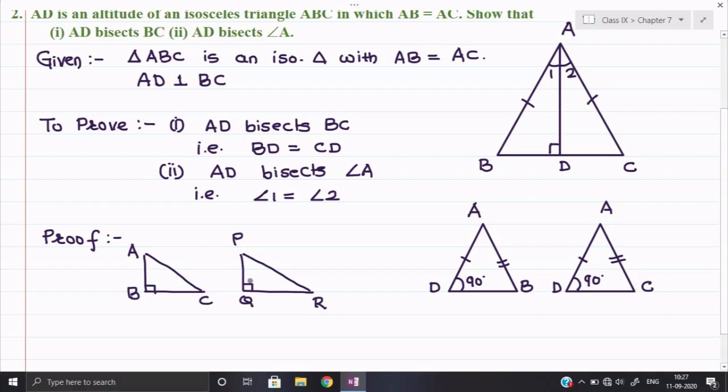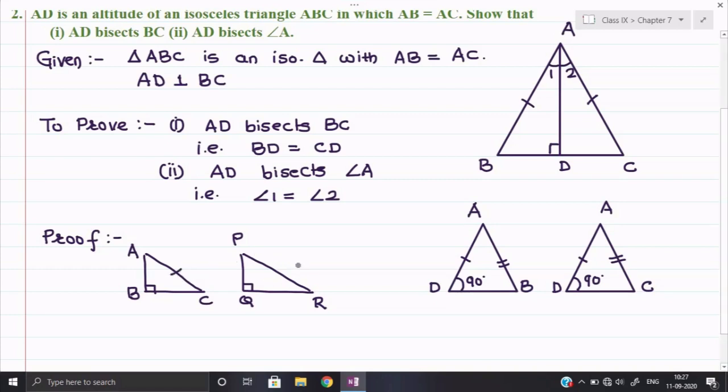Remember this theorem is applicable only on right angle triangles. There are basically two requirements. First is their hypotenuse should be equal.